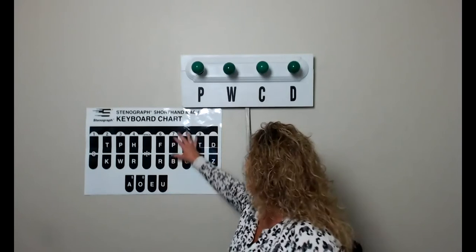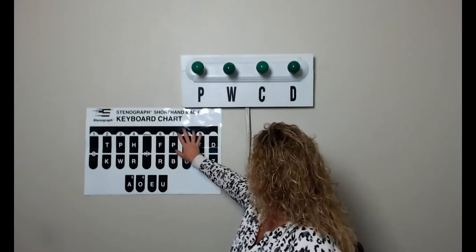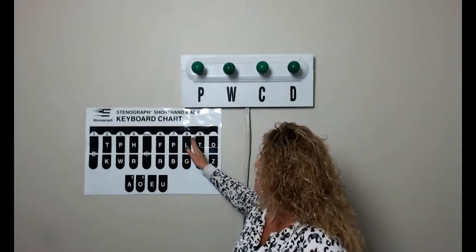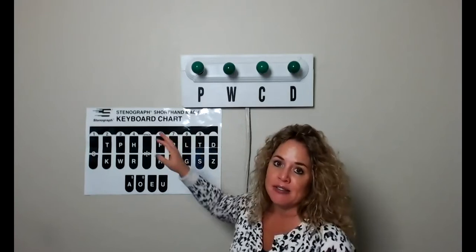My pinky was weak, so I would just use my ring finger, and now I'm not accurate with my 8 and 9. And you do not want to get into that habit. It's very hard to break.